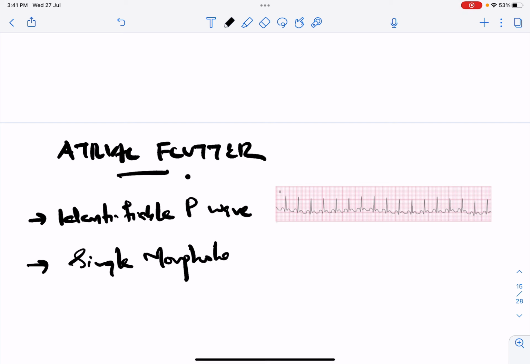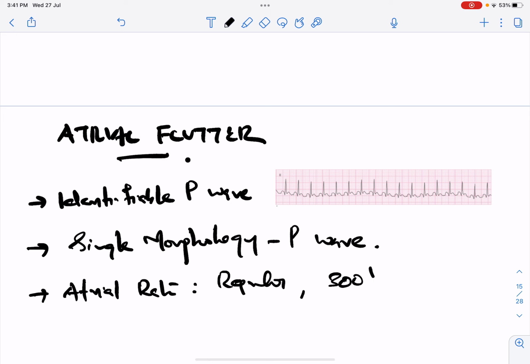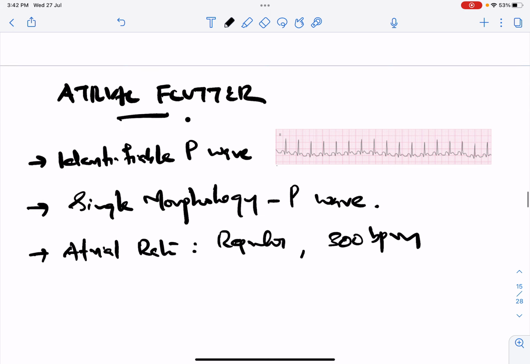Not more than one type of P wave. All P waves will be of single morphology. Again, the atrial rate, that is the rate of the P wave, is regular, and the rate is around 300 beats per minute.